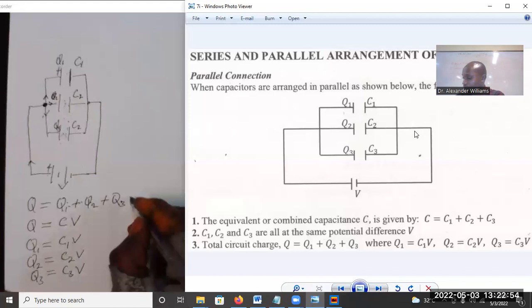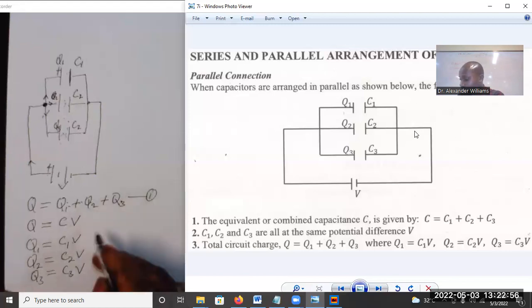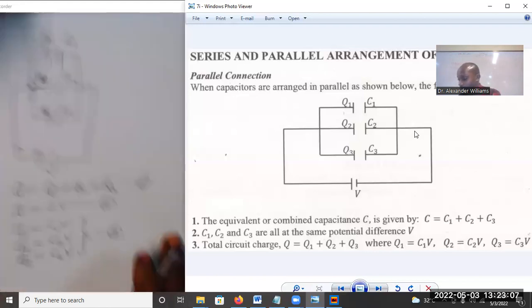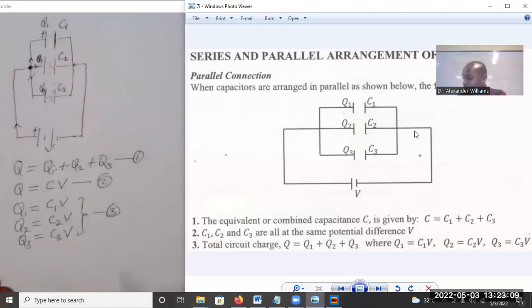If you label this as equation 1, this as equation 2, and this is equation 3, I am going to substitute equations 2 and 3 into equation 1.